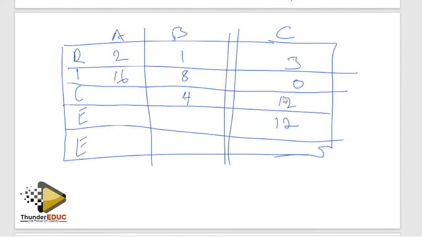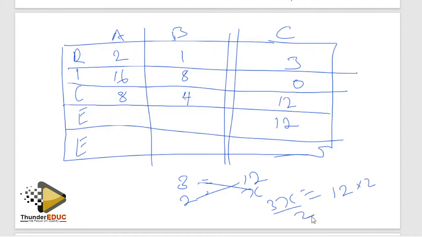And then 2 out of 3 of 12 is going to be 8, isn't it? Because it's 2 here and 3 here. You understand? So if 3 gives me 12, then 2 will give me what? It will give me x. When I cross multiply, I can find x. 3x is equal to 12 times 2. So when you divide, you'll find out it is 8.